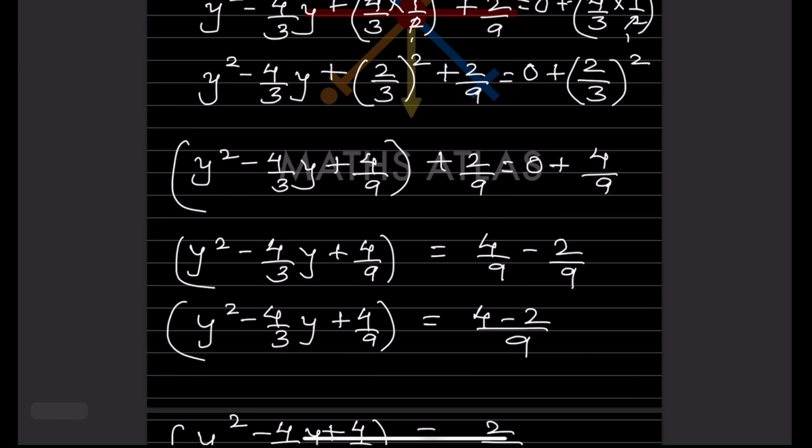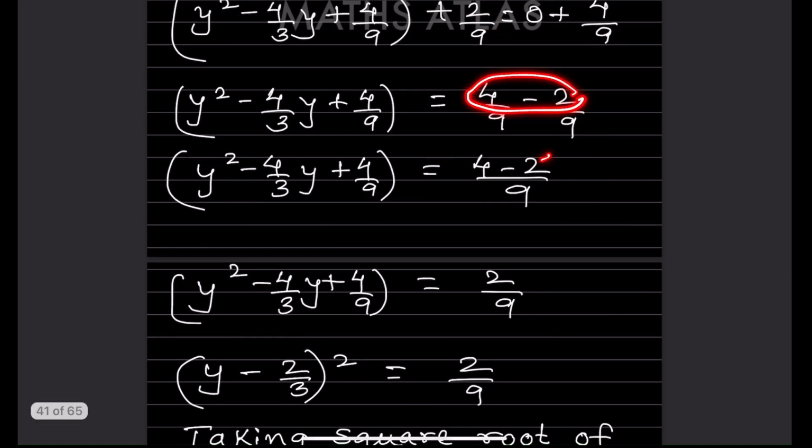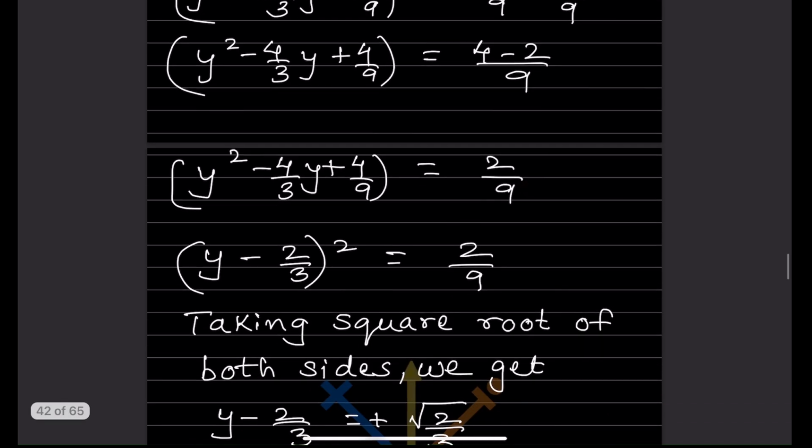We'll keep this all as it is, and first we'll change this value. So now this will be 4 minus 2 by 9. Again this all are the same. That will be 2 by 9. And here at this step we will take the square root of it. So this will be better.